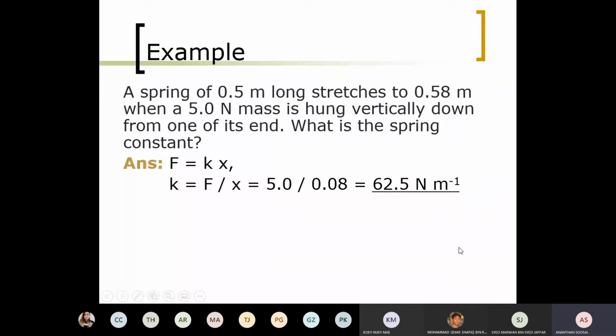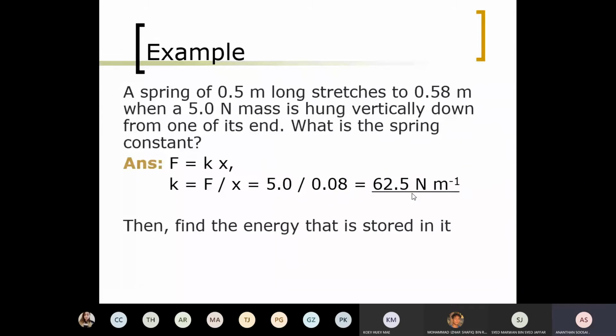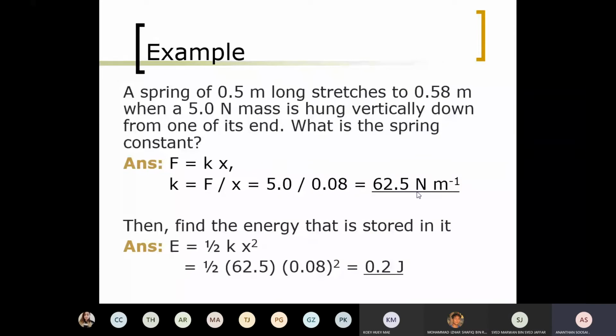The unit for spring constant is Newton per meter. The greater the spring constant, the stiffer the spring. The spring constant measures the stiffness of a spring. Then find the energy stored: half kx squared gives 0.2 joule of energy stored, with k as 62.5 and x as 0.08 squared.